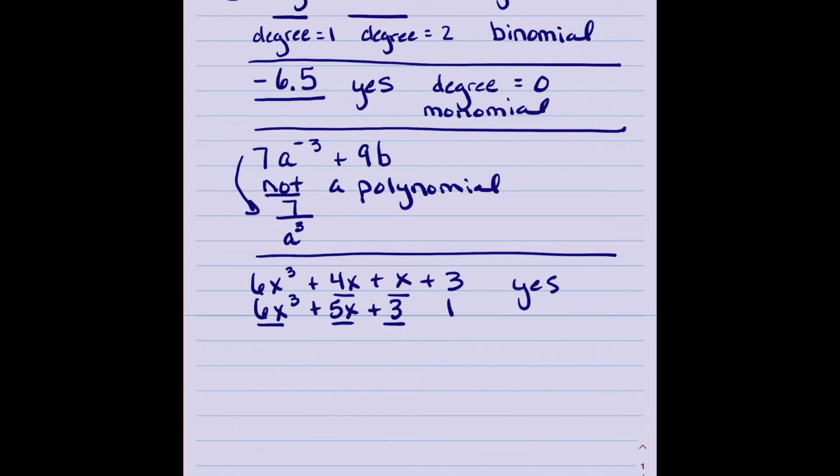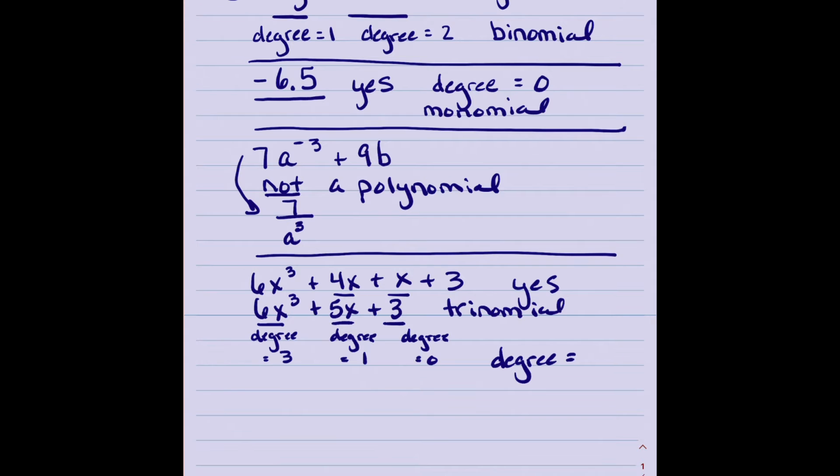We call that a trinomial. And if I want to figure out the degree, we can see that the degree here is 3. The degree here is 1. And the degree here is 0. So looking at the degrees of each piece, the greatest degree is 3. So we're going to call this a third degree polynomial, and specifically a third degree trinomial.